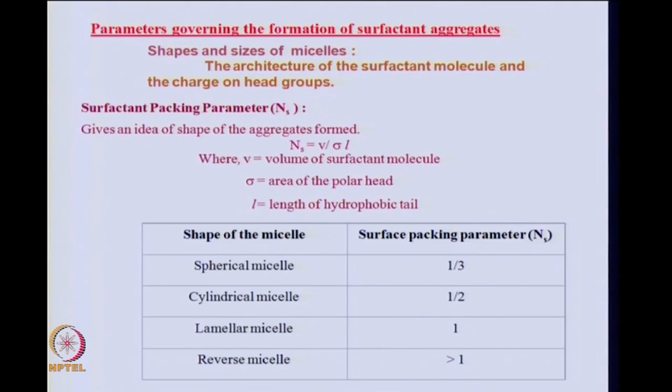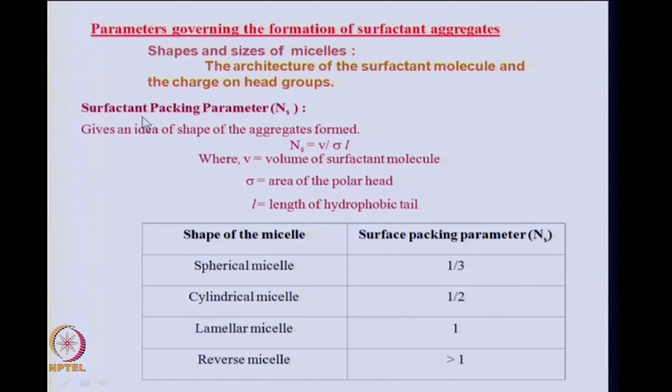Now, there are certain parameters which depend on the length of the hydrophobic chain and the area of the head group, etc., and there is a parameter which is called the surfactant packing parameter NS, which is related to the volume of the surfactant molecule divided by the area of the polar head group, multiplied by the length of the hydrophobic tail.